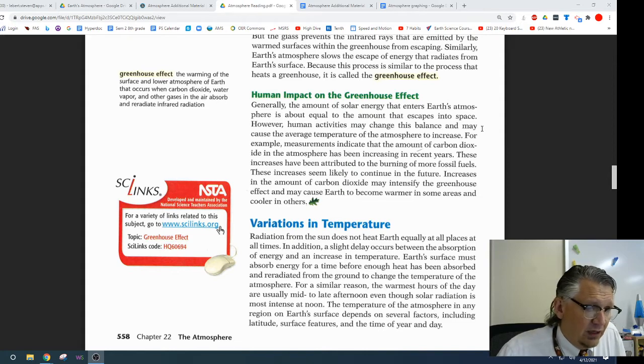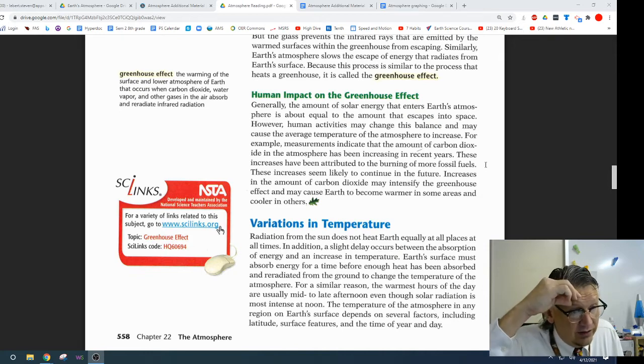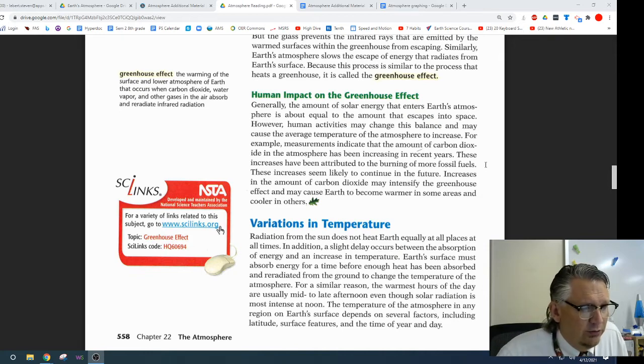For example, measurements indicate that the amount of carbon dioxide in the atmosphere has been increasing in recent years. These increases have been attributed to the burning of more fossil fuels. These increases seem likely to continue in the future. The increase in the amount of carbon dioxide may intensify the greenhouse effect and may cause Earth to become warmer in some areas and cooler in others.